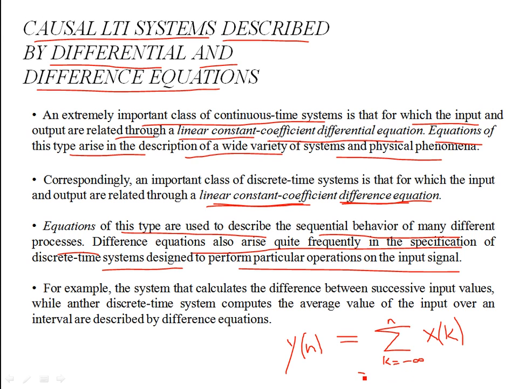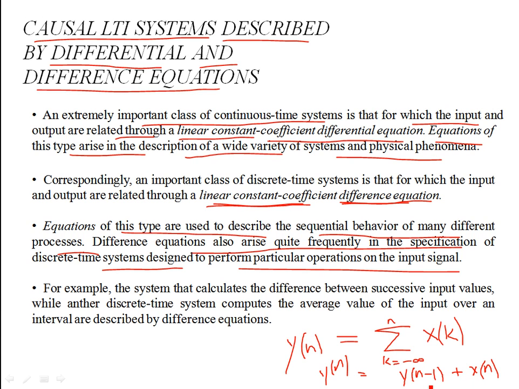If you expand this, it can also be written as a difference equation. Up until n minus 1 you can accumulate the past output and add to it the present sample x of n, and that's an equivalent description of the same accumulator system. This is your first order difference equation: the difference between y of n and y of n minus 1 is your input.